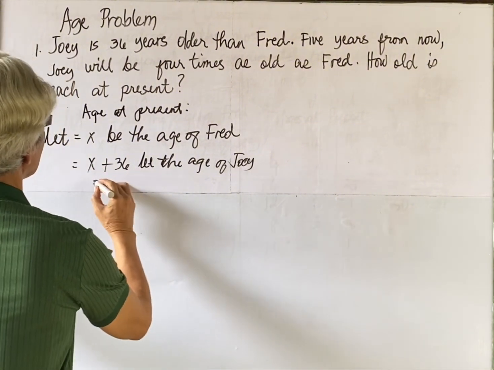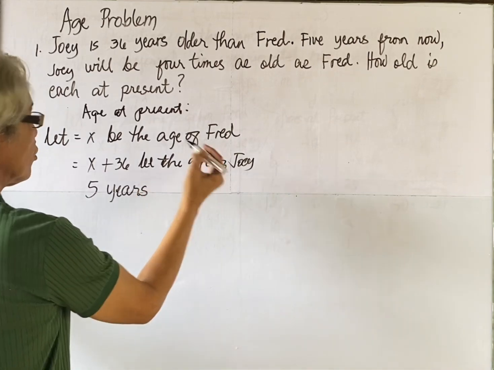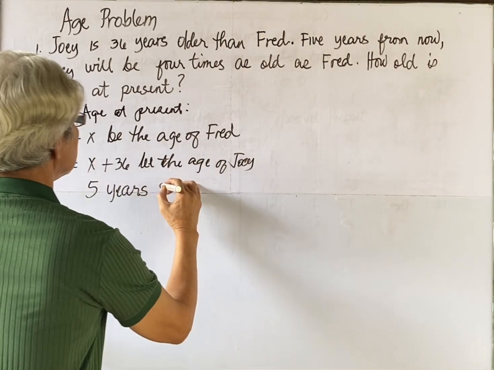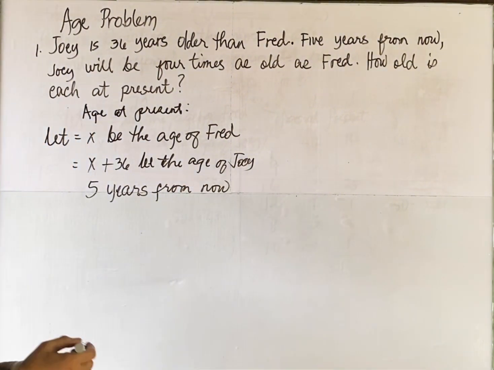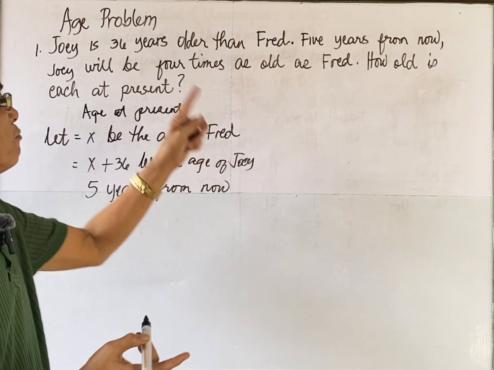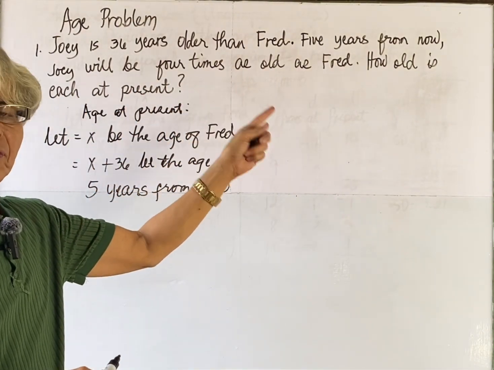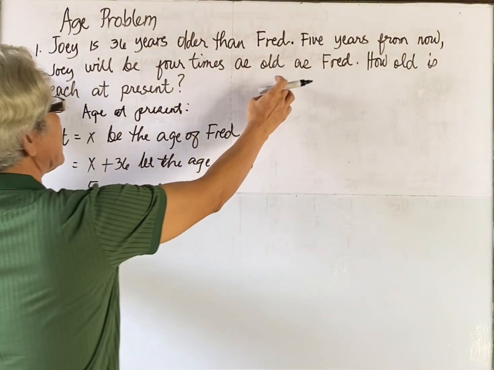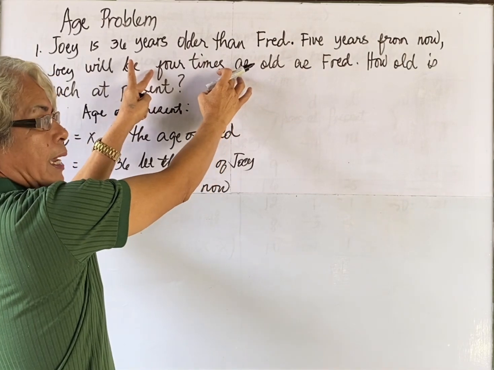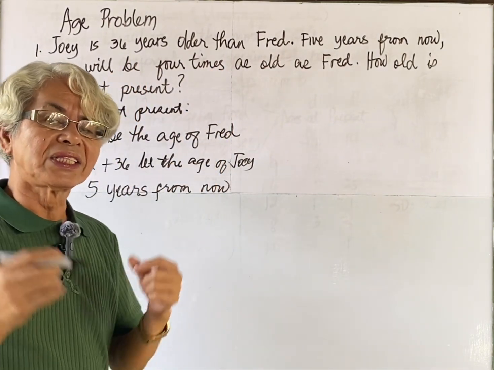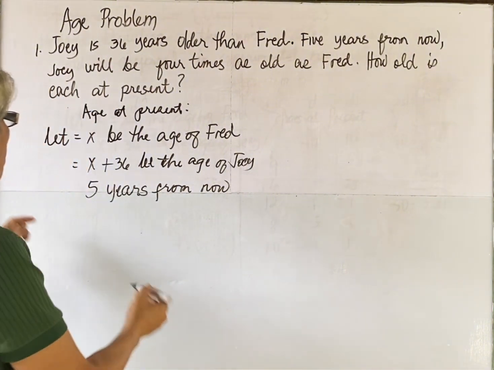5 years from now, Joey will be 4 times as old as Fred. But before going to these words, let us first identify their ages 5 years from now.